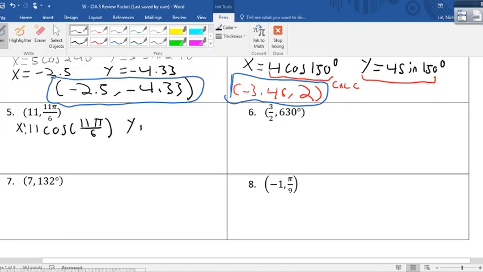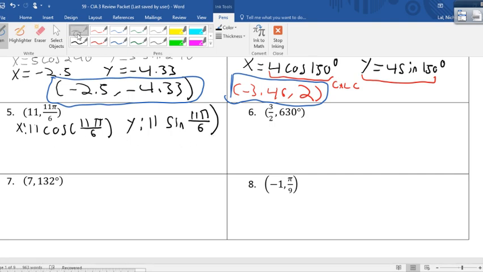And our y value is going to be 11 times the sine of 11 pi over 6. All right? And from the unit circle, does anybody know what the cosine of 11 pi over 6 is? Should be negative root 3 over 2.